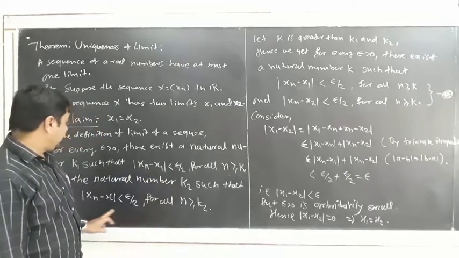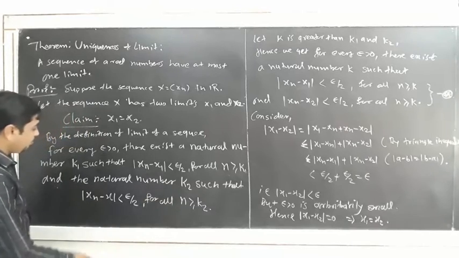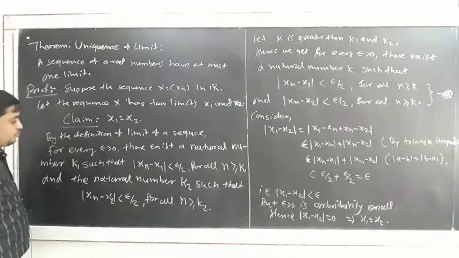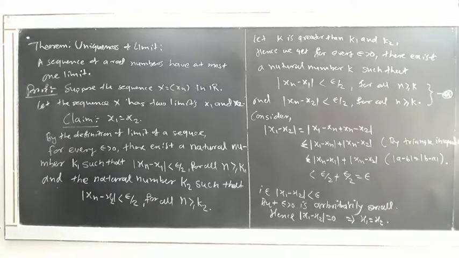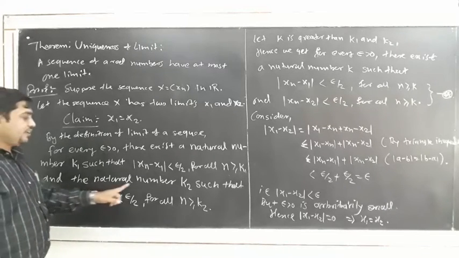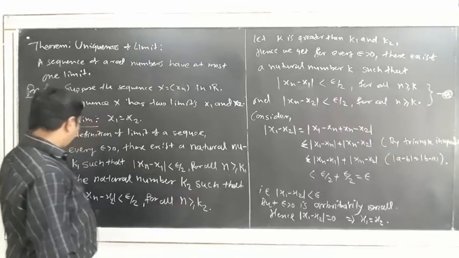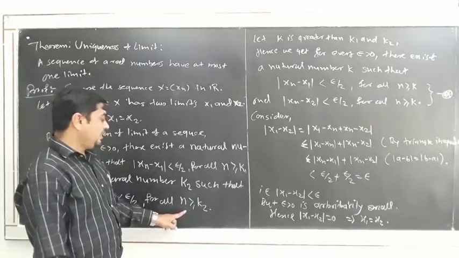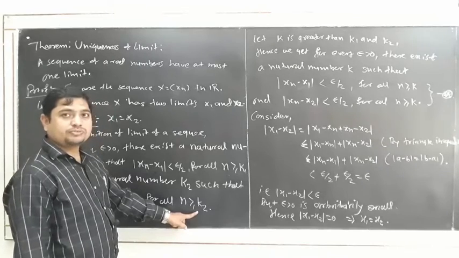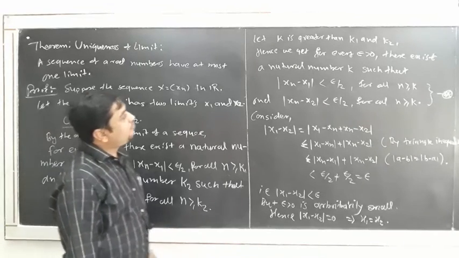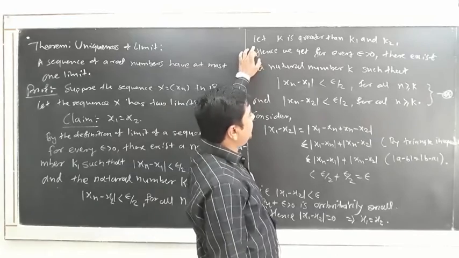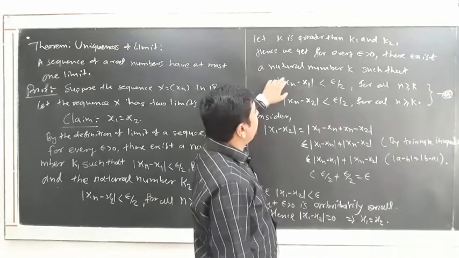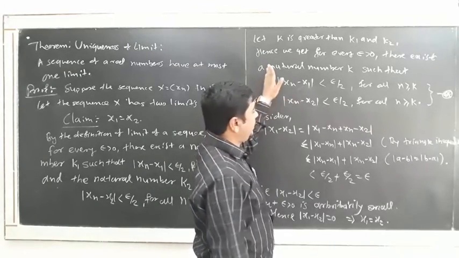Similarly for x2, and the natural number k2 such that mod of xn minus x2 is less than epsilon by 2 for all n greater than or equal to k2. Therefore we take k greater than k1 and k2, and we write this definition for k.